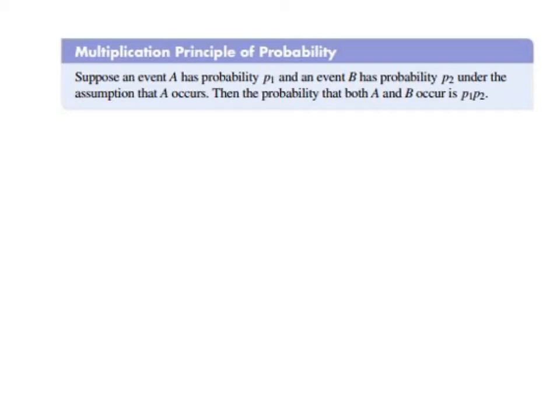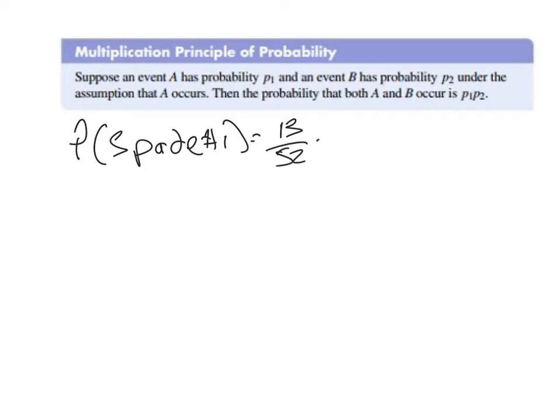For instance, suppose I'm interested in calculating the probability that I draw two spades from a deck of 52 cards. The probability that I will draw the first spade is 13 out of 52, or 1/4.